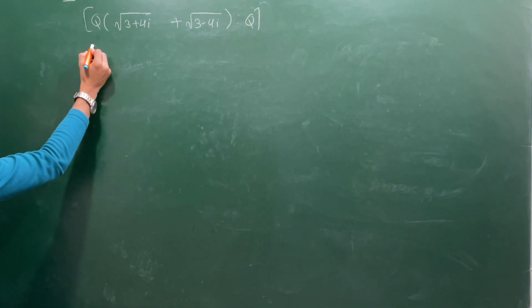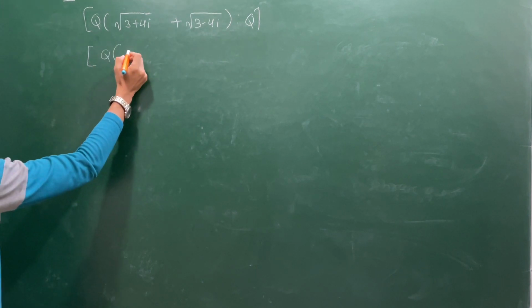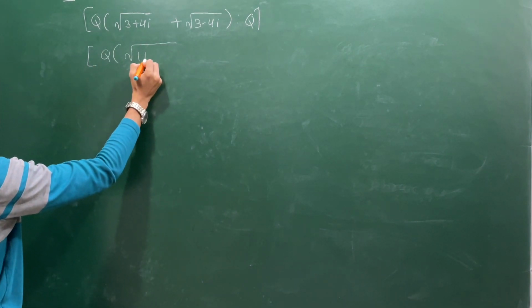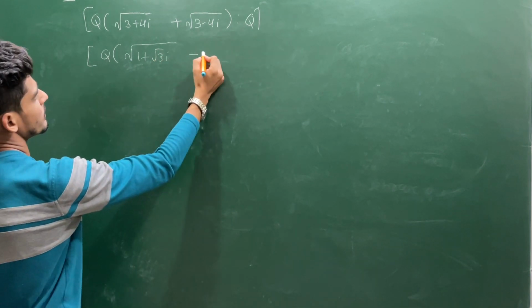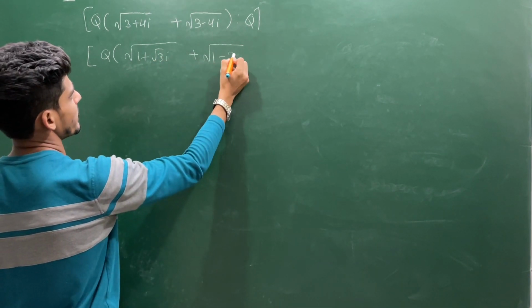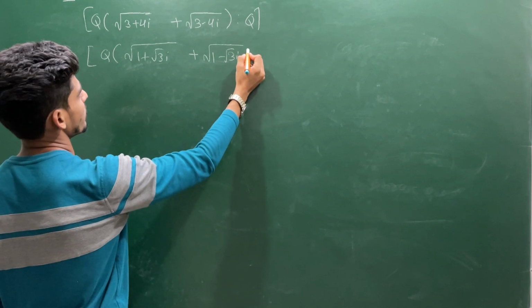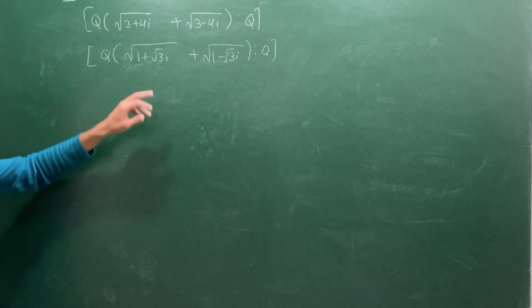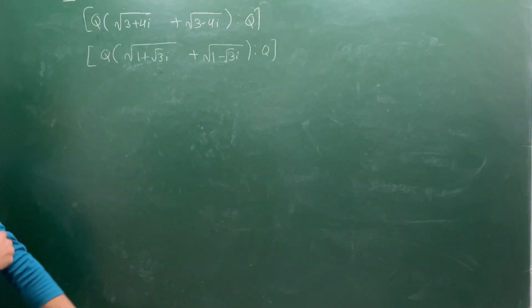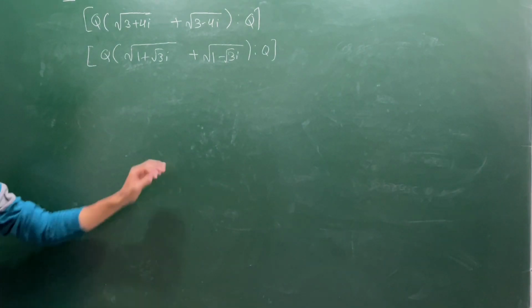Or let me write one more: say square root of 1 plus root 3 iota plus square root of 1 minus root 3 iota over Q. What can you say about this extension? Or what can you say about the degree?